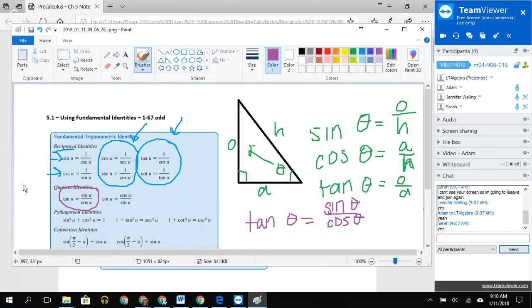And we just said that the sine of theta is the opposite over the hypotenuse, and the cosine of theta is the adjacent over the hypotenuse. If we do our funny things with fractions where we have the hypotenuse in both denominators, we end up with the tangent of theta equal to the opposite over the adjacent, which is what our original property said.